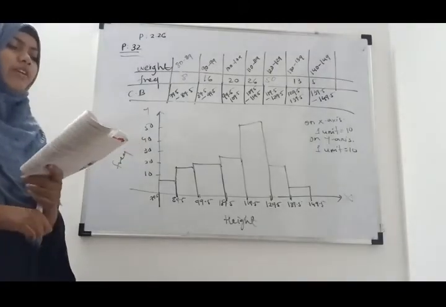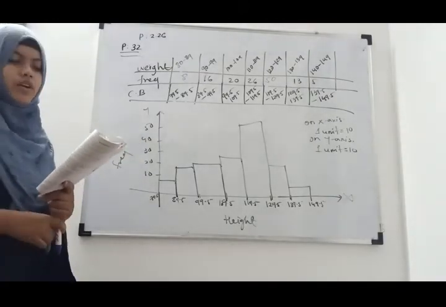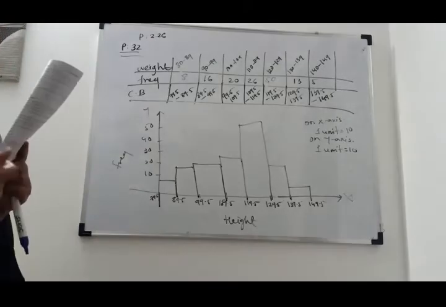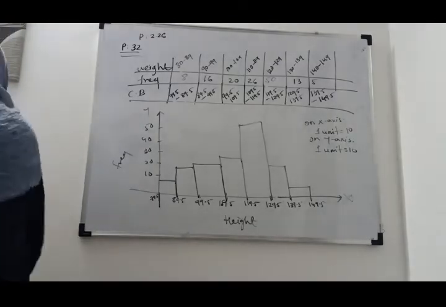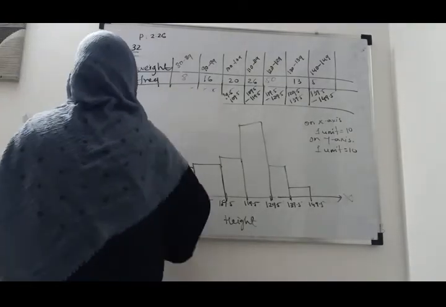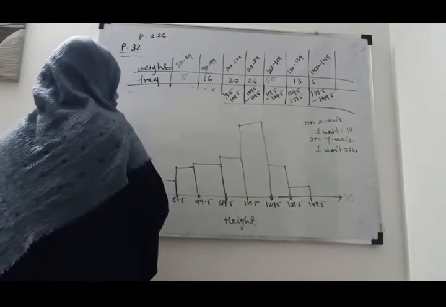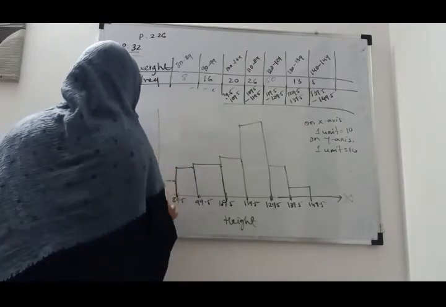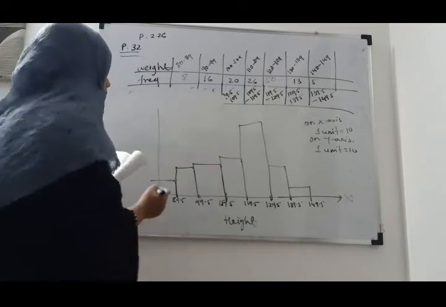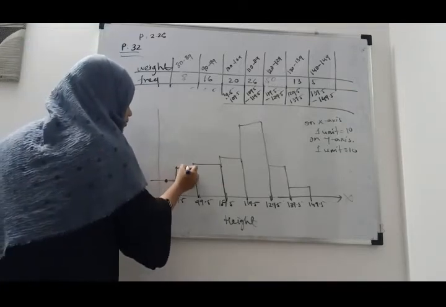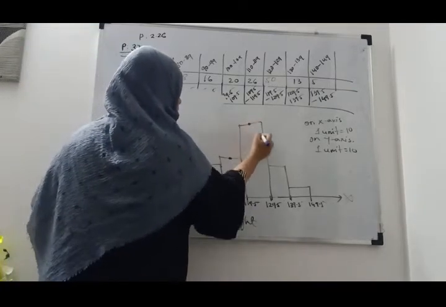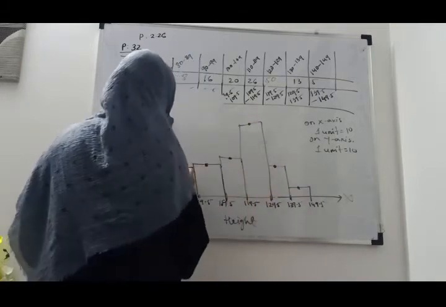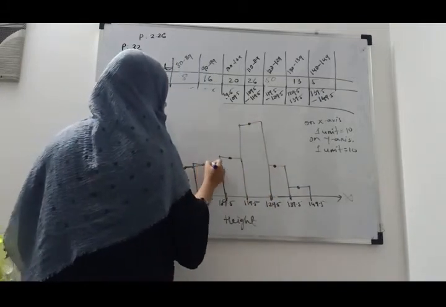Now next we have to draw a frequency polygon. For the frequency polygon we need midpoints, right? So we will find out the midpoints. From here also you can find the frequency polygon by taking the mid values and joining them with the help of a scale.